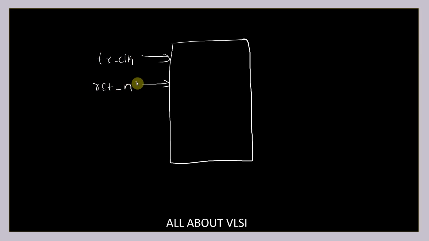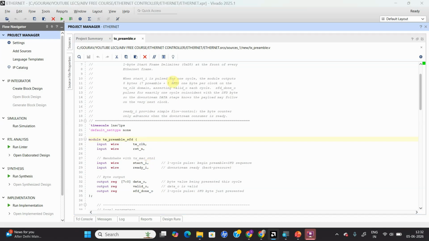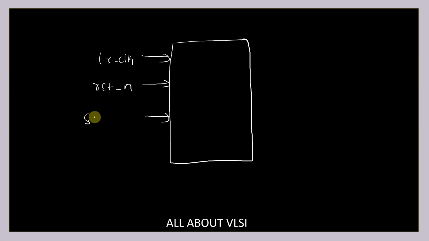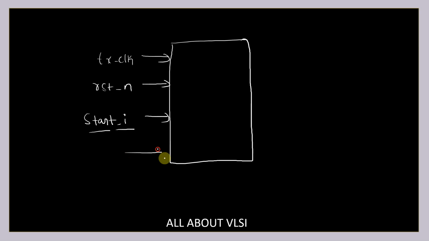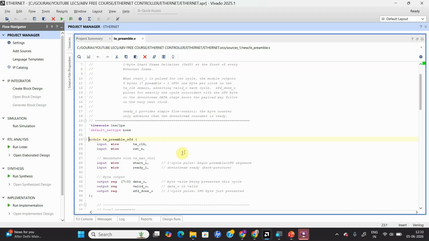Next I'm going to have start underscore in, which will mark the start of the frame. And next is ready underscore in. That means the module which is going to receive this preamble and SFD will send me that it is ready to accept this preamble and SFD.